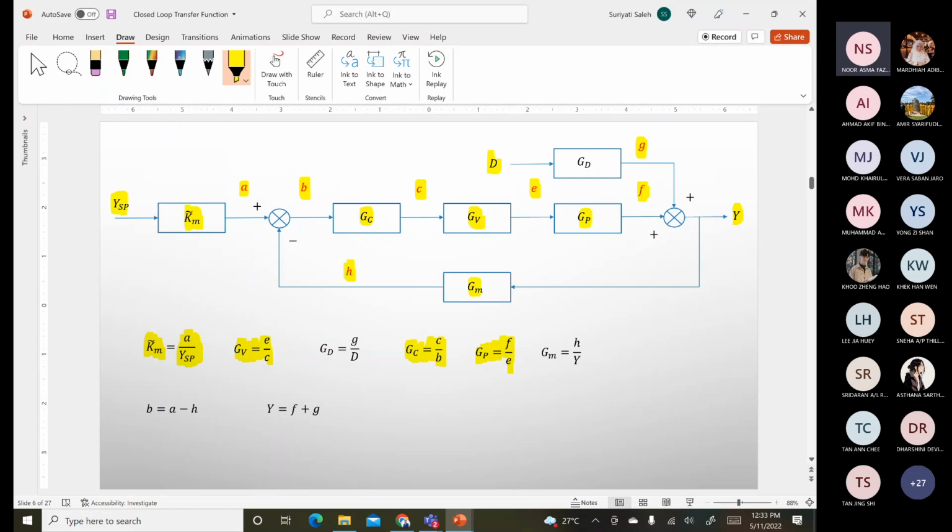For GM, here the line is splitting. You have two split lines, this one and this one.